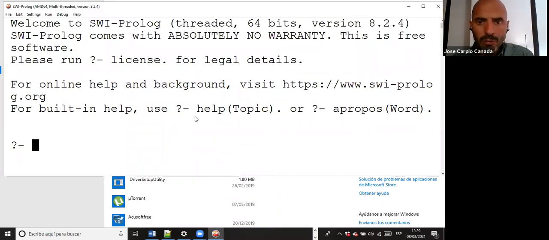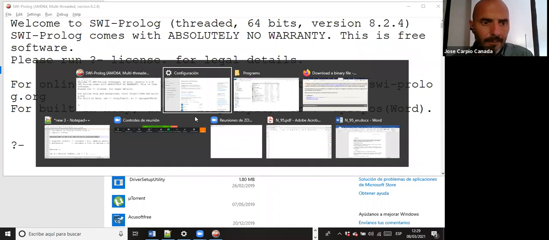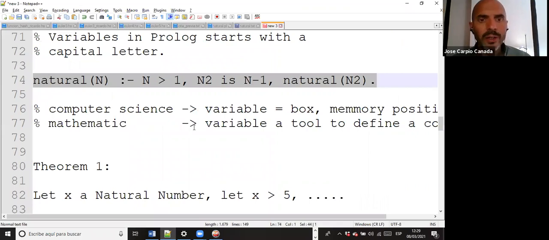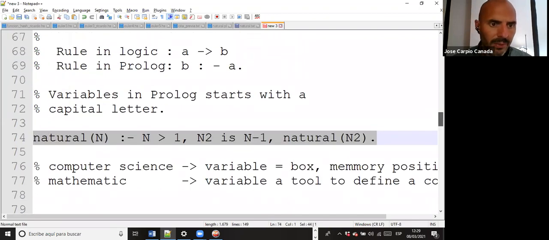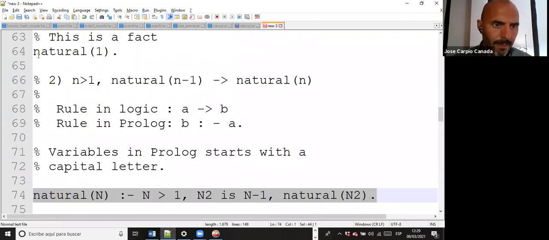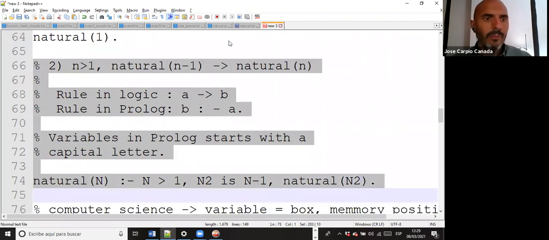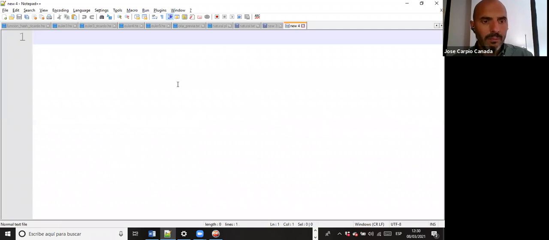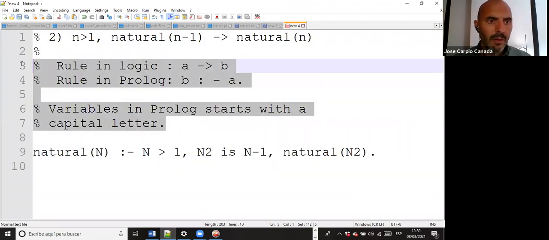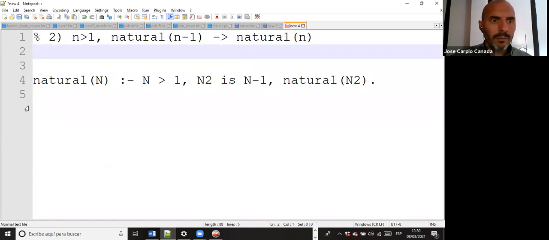Let's save this file. To edit the program, you only need one editor, like for example this one. It has no extra code, and the part we need to create this program is this line and this line, these 2 lines. Paste here. This is the only part we need.